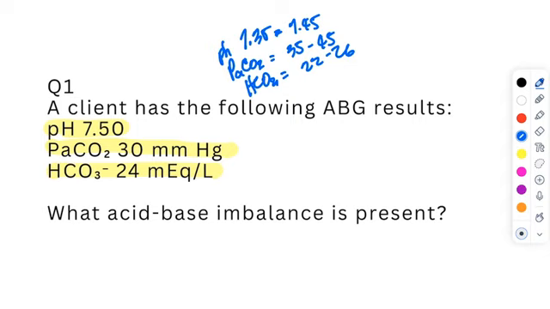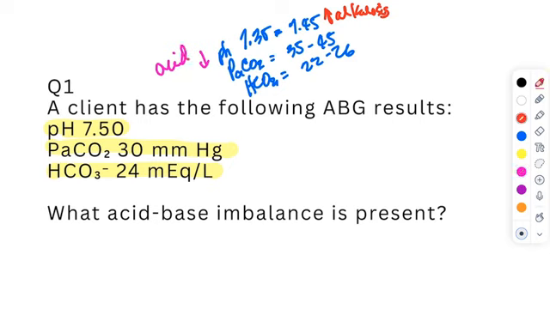So the first thing we need to determine is whether the pH is going to the acidosis side or the alkalosis side. We know that if it's going higher, it's going to be alkalosis, right? If it's going below, it's going to be acid.